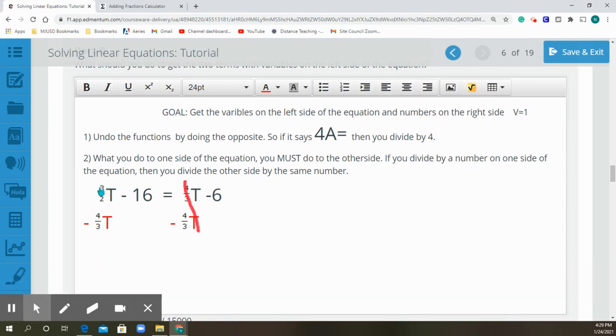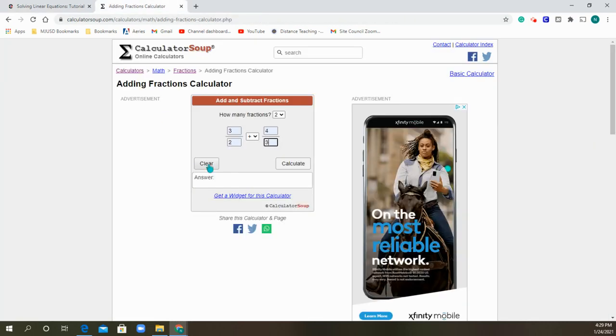And because subtracting fractions is not extremely easy, and I don't necessarily want to go into a whole other lesson on how to subtract one fraction from another, I use my tools.